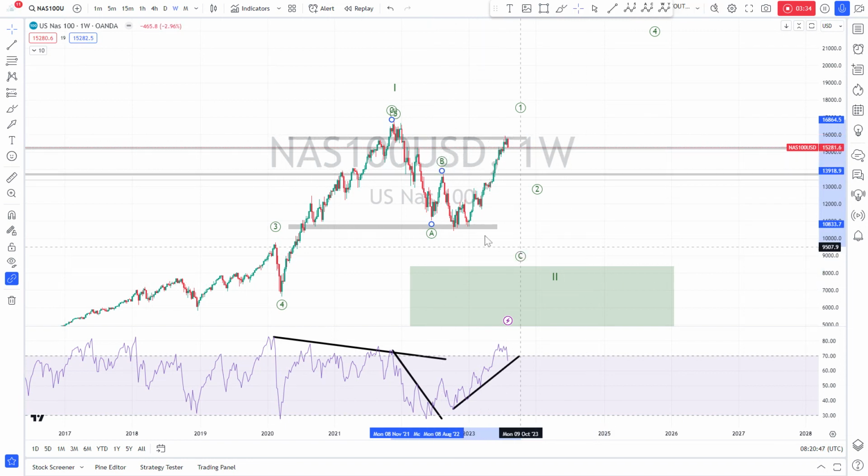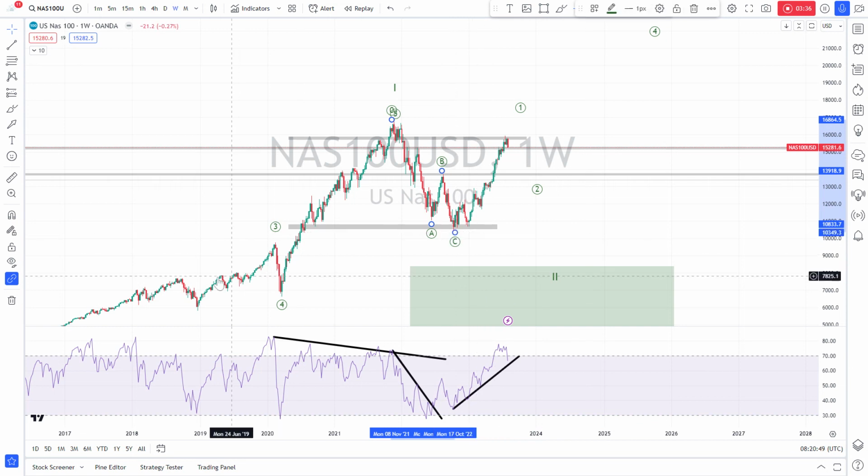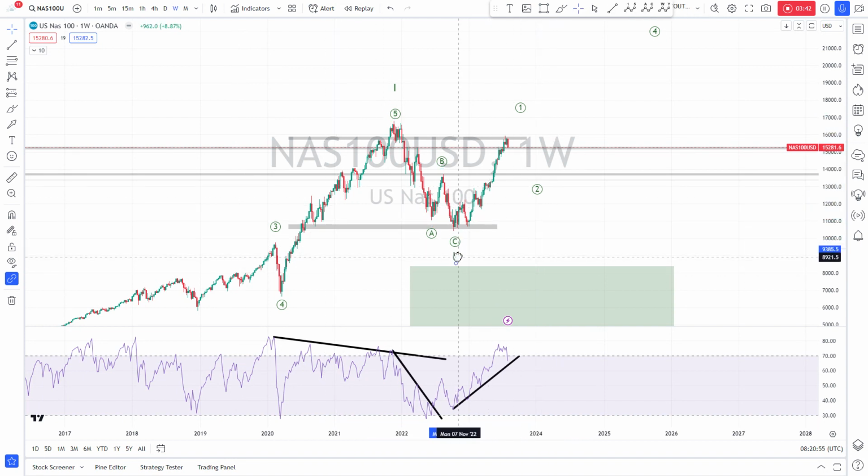However, I cannot make it my primary scenario, as overall the Nasdaq is bullish. Current price level is also here, the low is here, so it makes more sense to assume something bullish from here. But of course, this bearish scenario can still play out.